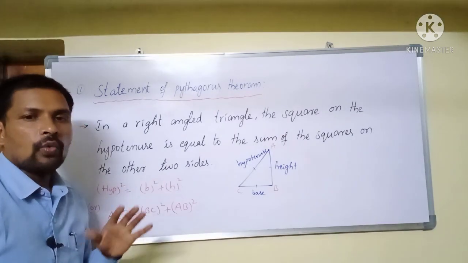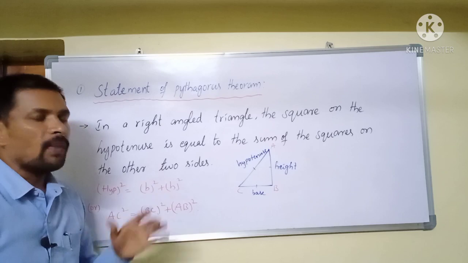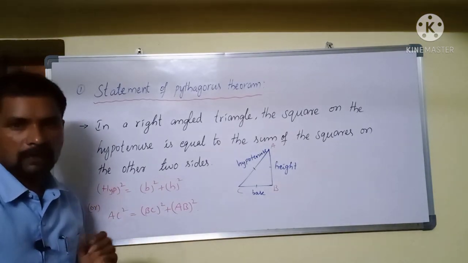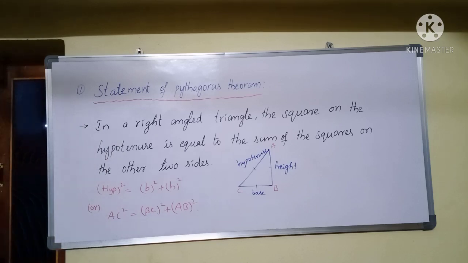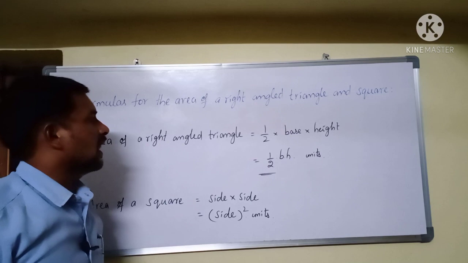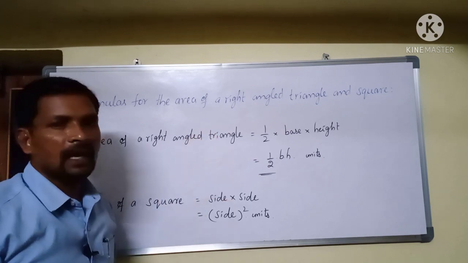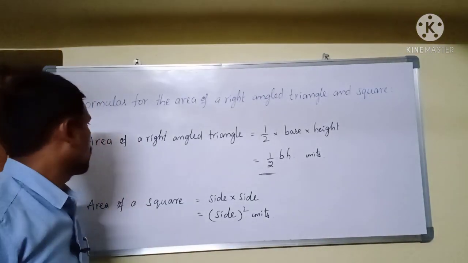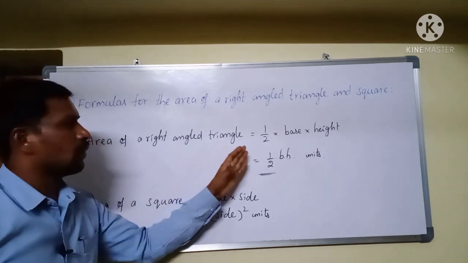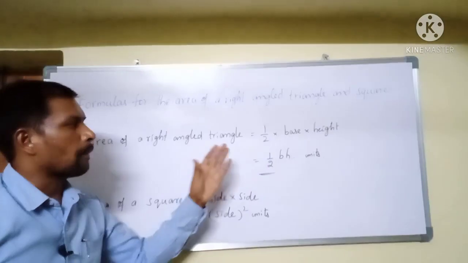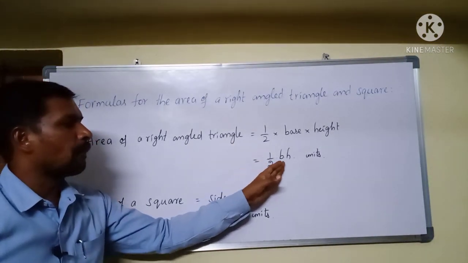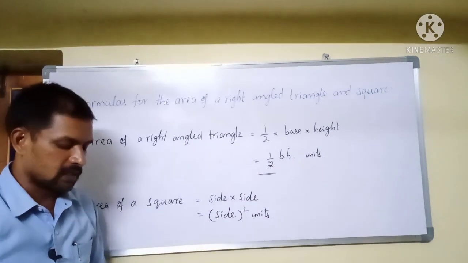Now we will discuss the formulas for the area of a right angle triangle as well as a square. Area of a right angle triangle is equal to half into base into height, that is half b into h units.